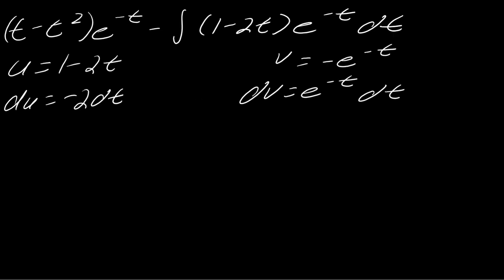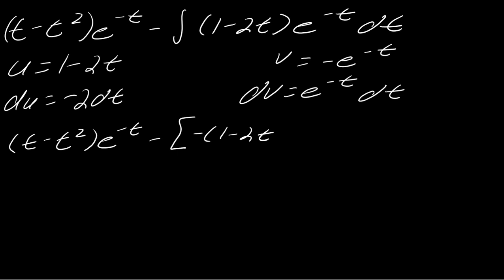Okay, so I've got t minus t squared times e to the negative t. Let's be careful with this. I'm going to set up a nice big set of brackets. So I've got my uv, so this is, this should be negative 1 minus 2t times e to the negative t. So there's my uv, minus my v du. So I've got a negative and a negative, so those both cancel out, so I can just keep that negative here.